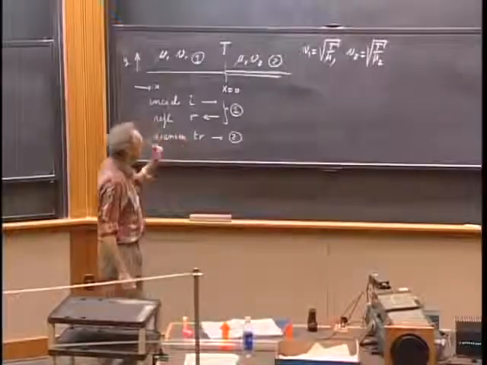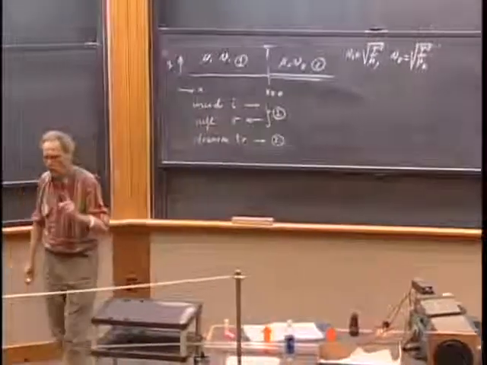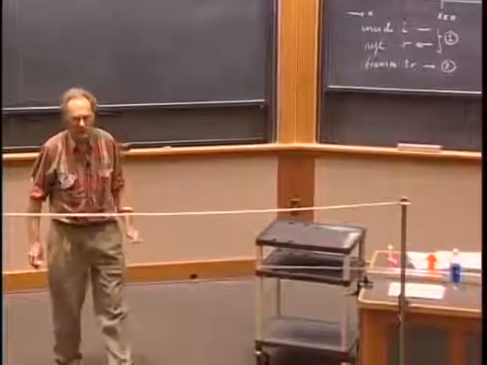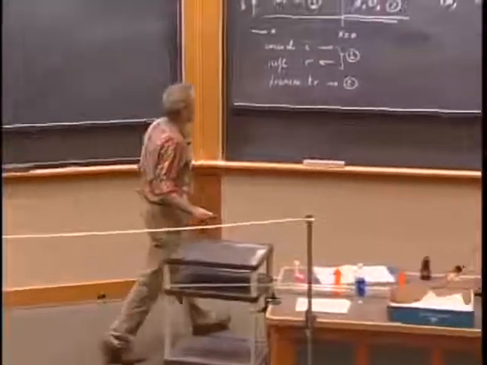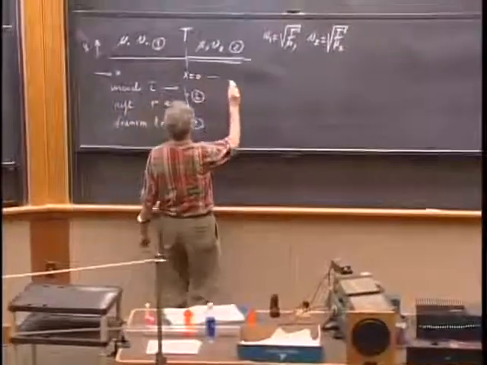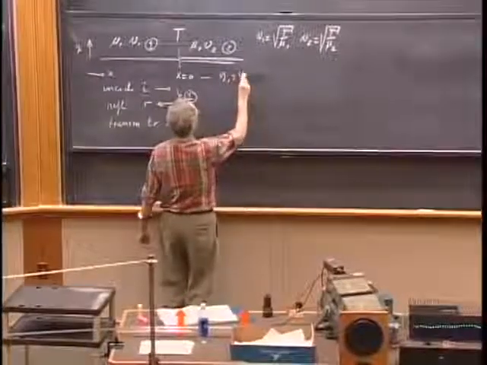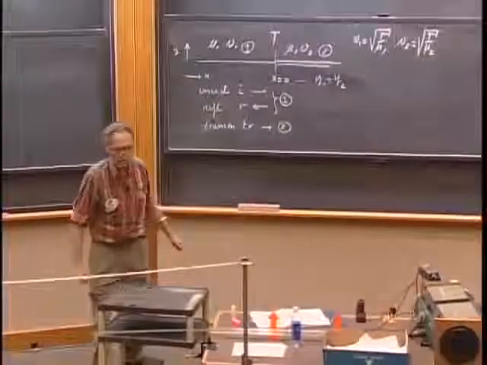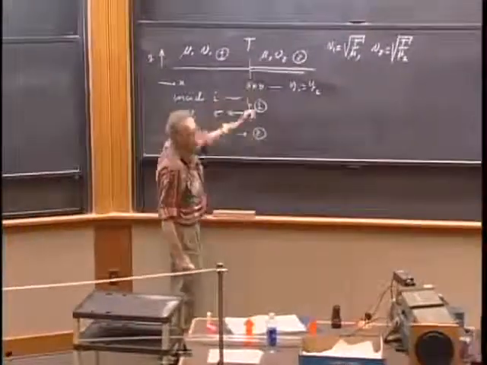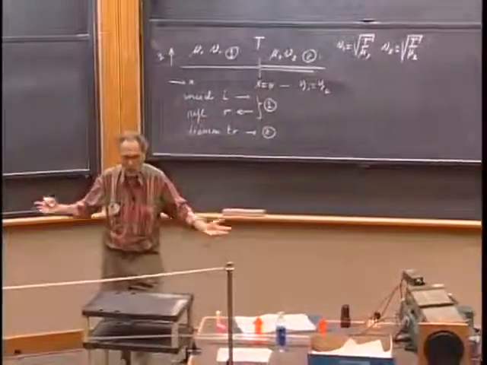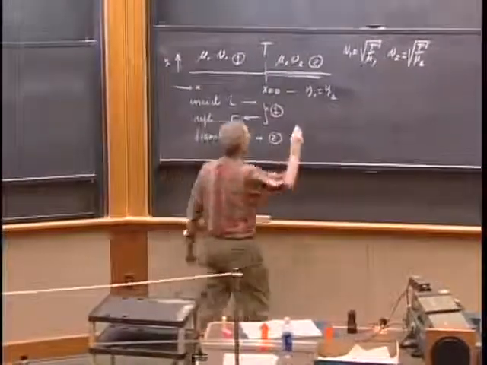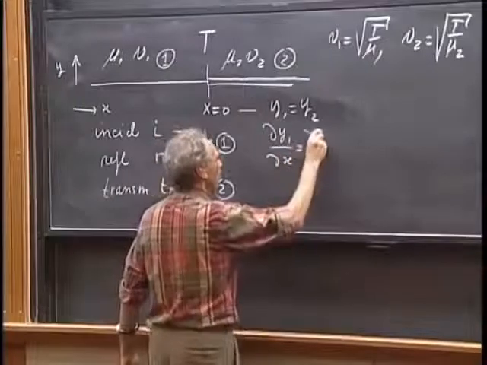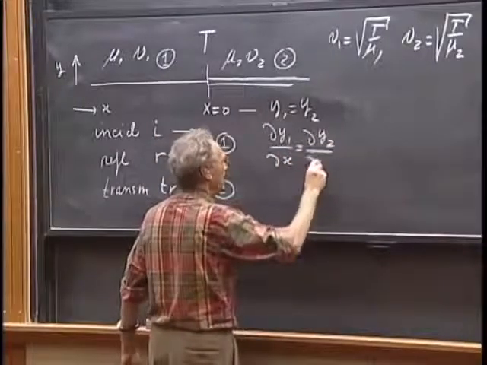Now I have boundary conditions at x equals 0. I told you earlier, all of 8.03 hangs together, the wave equation and boundary conditions. The boundary condition is that at x equals 0, y1 must be y2, unless the string breaks. So the y right here must be the same as the y right there, otherwise there would be a break of the string. But not only that, dy1/dx must also be dy2/dx.